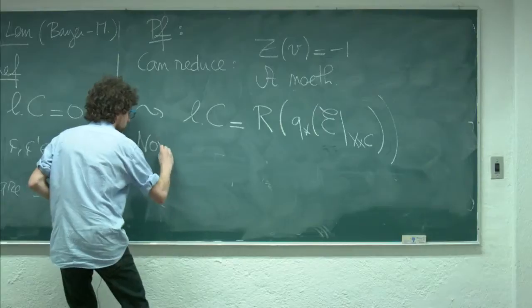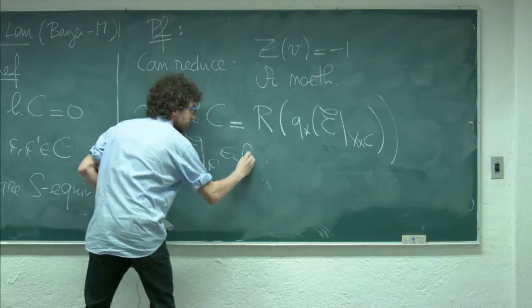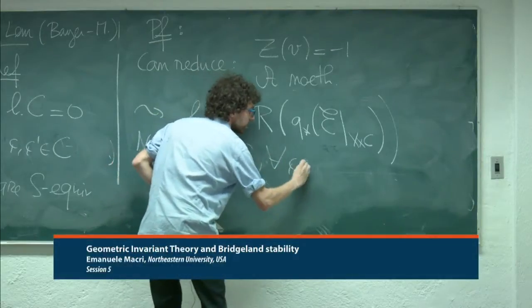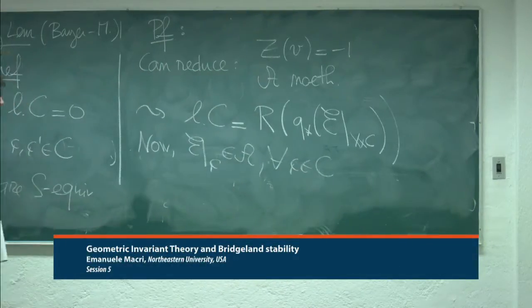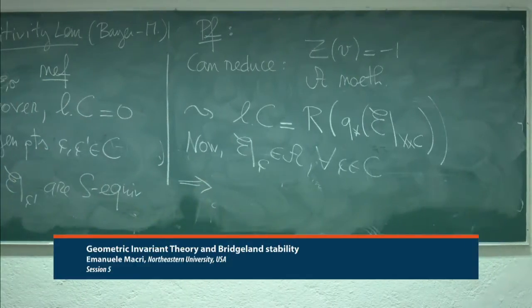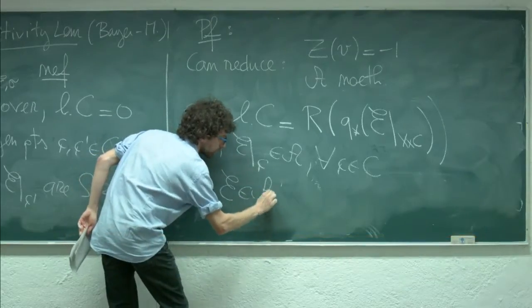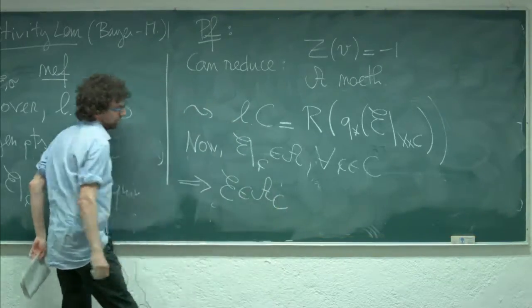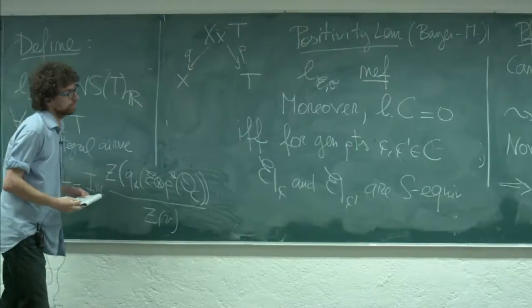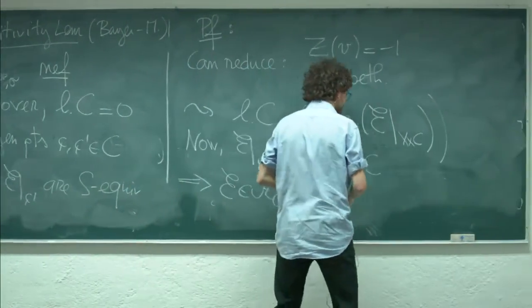So let me say briefly. Now, E restricted to C is in the category A for all C in C. That's by assumption. And so this implies, by the property I told you this morning, that E as a family is in the Abramovich-Polishchuk category A_C. Okay, so that's the thing. But now I use the definition.